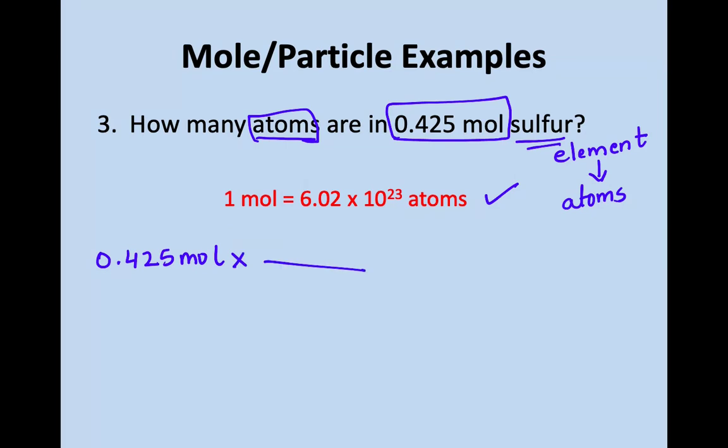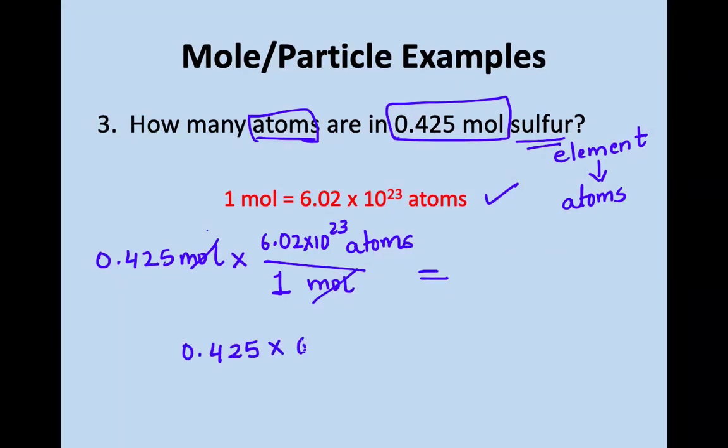Okay, now we need to cancel moles, so moles would be in the denominator, atoms would be in the numerator, and this is a relationship. 1 mole is equal to 6.02 times 10 to the power of 23 atoms. Moles and moles are cancelled, and in our calculator we need to do this. And it comes out to be 2.56 times 10 to the power of 23 atoms of sulfur.